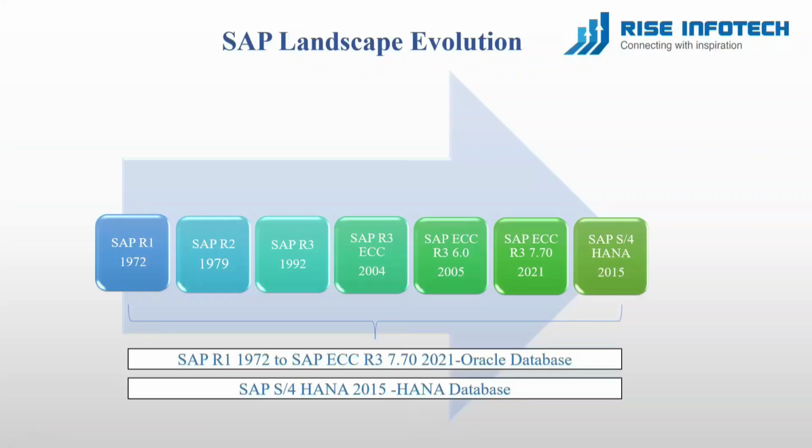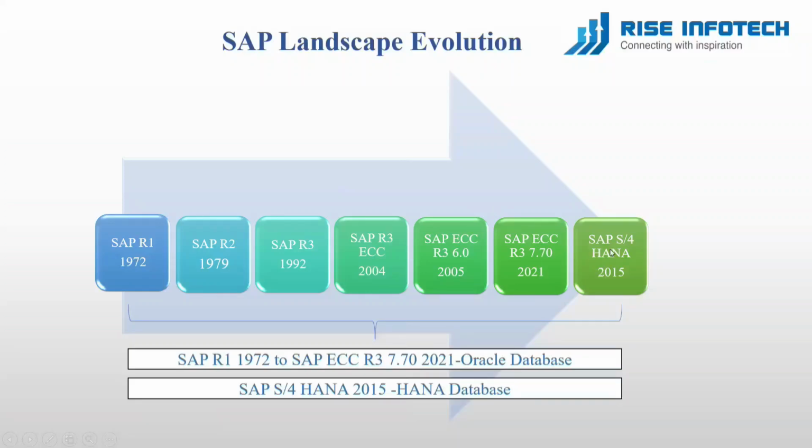Then SAP R3 started in 1992, and SAP R3 ECC was updated in 2004, and SAP ECC R3 6.0 updated in 2005. Also SAP ECC R3 7.70 updated in 2021. These are all Oracle databases having 18 characteristics, updated up to 2021.